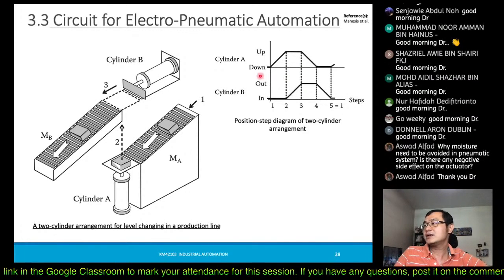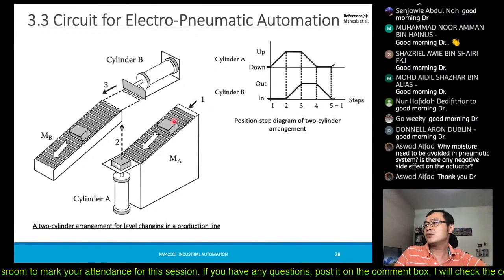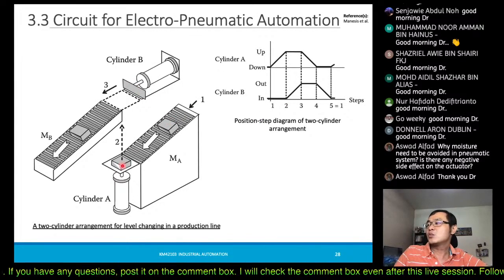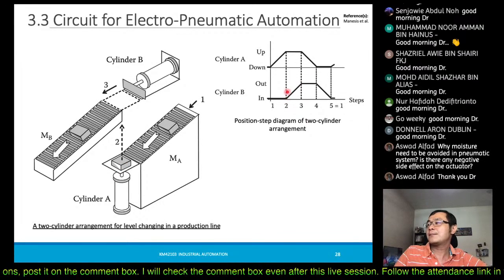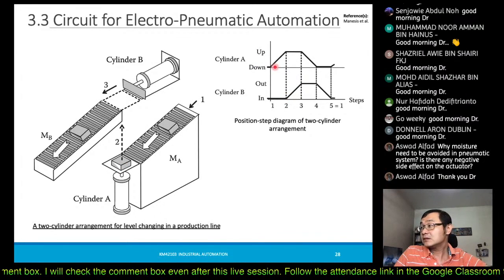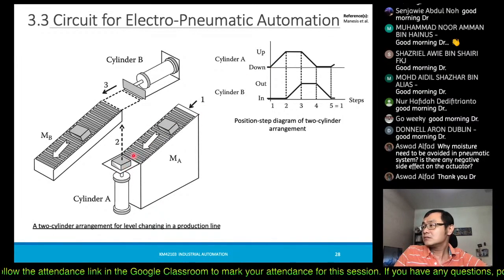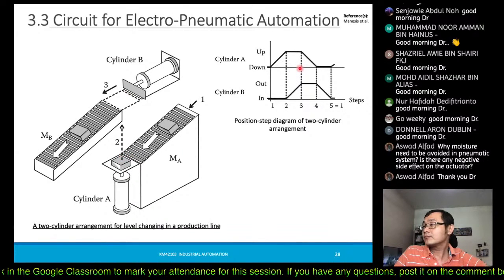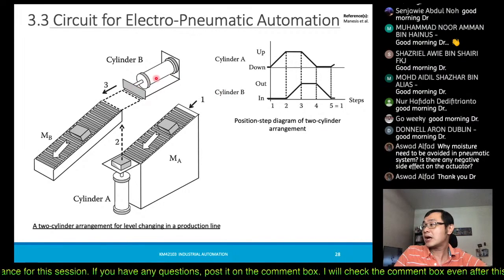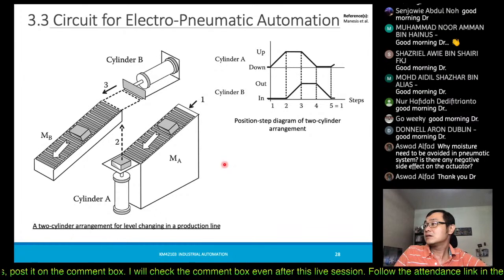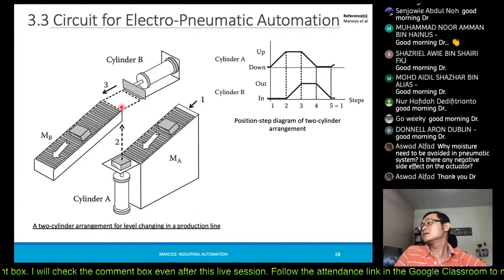So how to read this one? Again, position 1, both are down. When it reaches position 2, this one now should slowly go up. Position 1, so this one goes up, but cylinder B goes down, goes in.